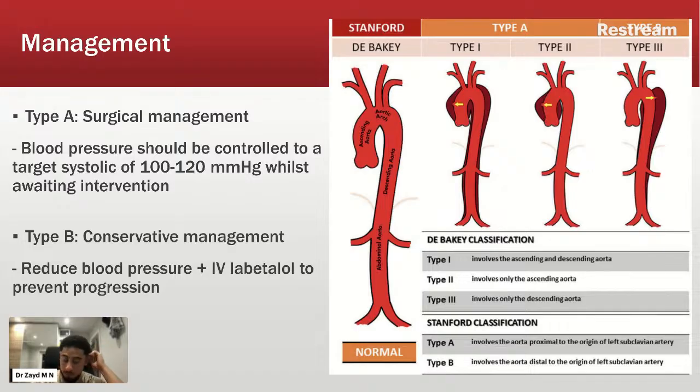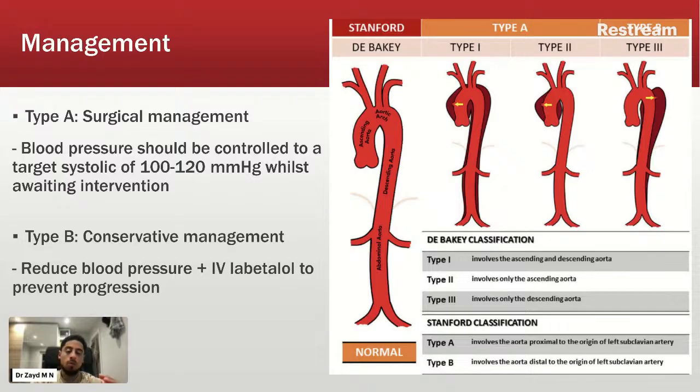So anything distal to the left subclavian is type B. Anything proximal to the left subclavian is type A in Stanford. And then they can be broken down into types 1, 2, and 3.